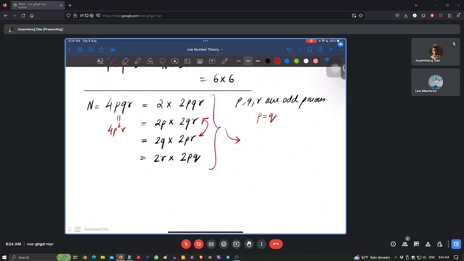So this will now change into 2 times 2P square R, then 2P times 2PR, and 2R times 2P square. This will be my three factorizations when P and Q are the same.